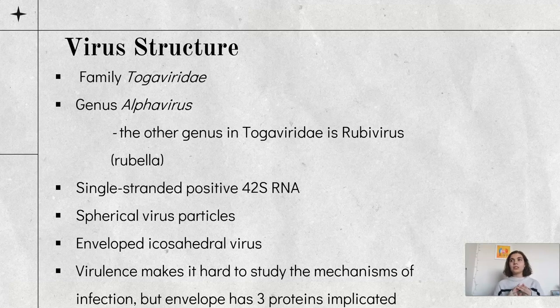E3 is actually dispatched as a soluble protein and was thought not to be involved in virulence until very recently, when it was found that it does have some sort of role, although we're not entirely sure what that role is. So on the surface of the virion, E1 and E2 form trimers that appear as spikes.